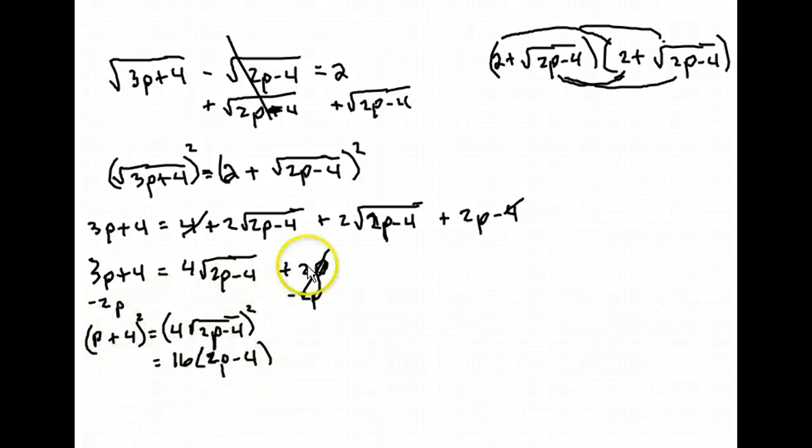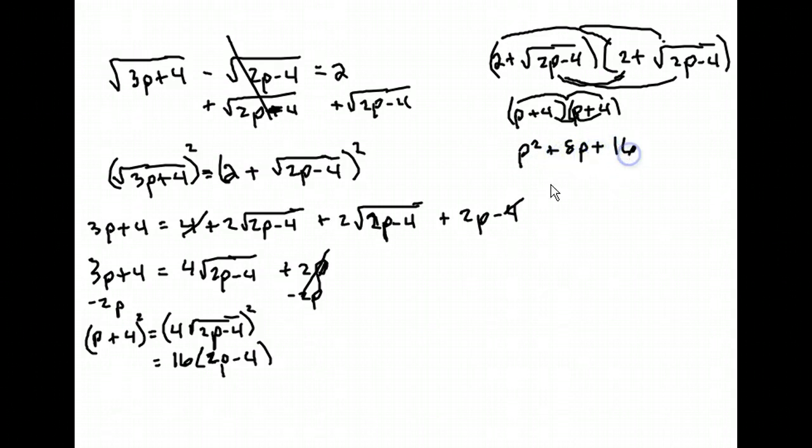On this side, you have to do the double bunny hop again, which is p plus 4 times another p plus 4. And when you do all of the pieces, you'll end up with p squared plus 8p plus 16. So let's rewrite it.